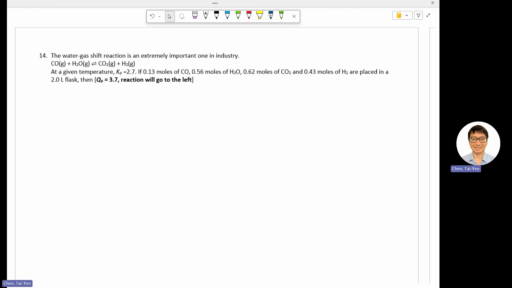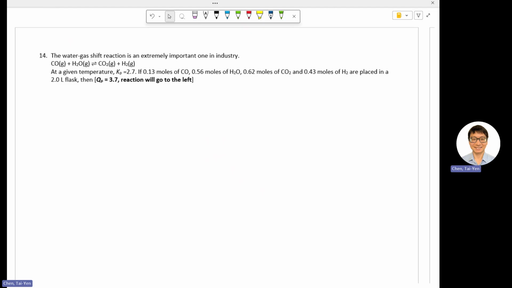It is usually a multiple choice type question. In each choice, it's going to tell you the direction, move to the left or move to the right, and give you a bunch of numbers.